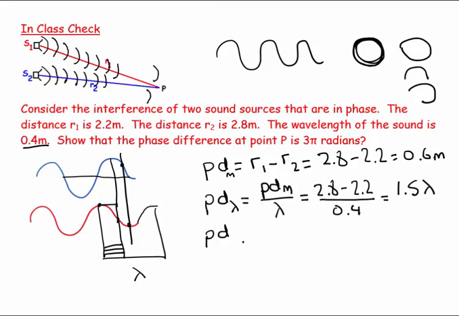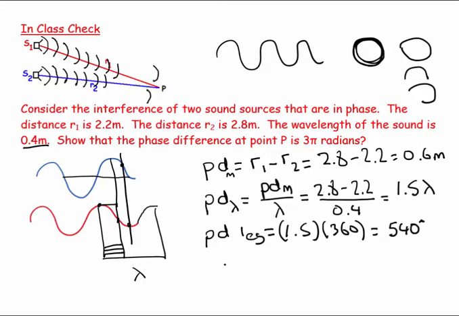And I could do this in degrees. So that would be, well, 1.5 wavelengths is 1.5 times around the circle, which is 1.5 times 360, which is 360 plus 180, 540, if I did my math right.